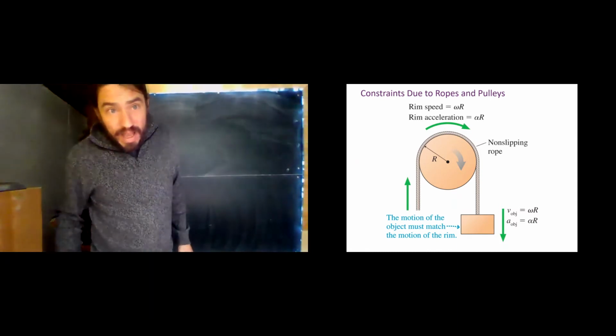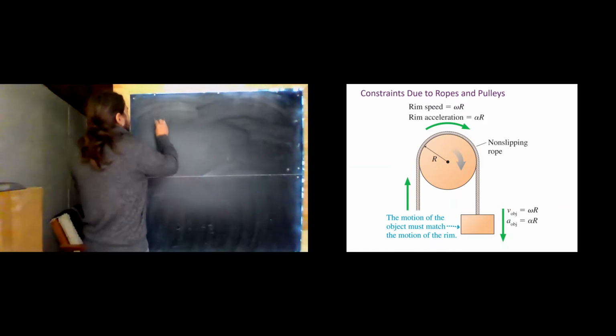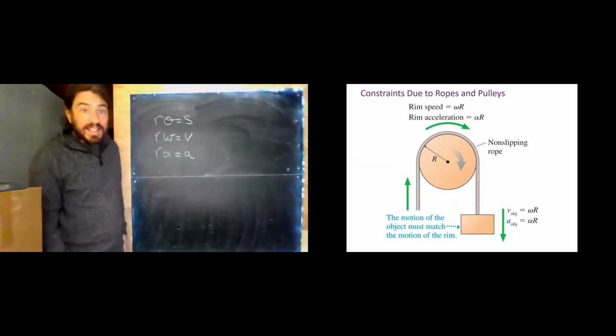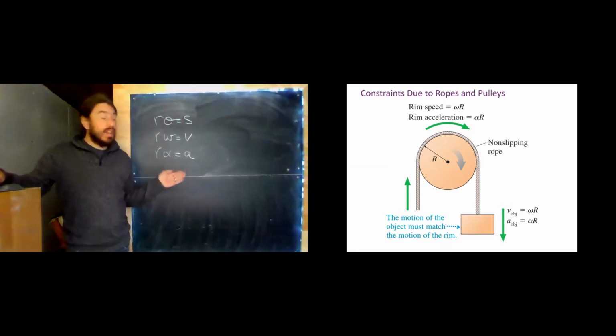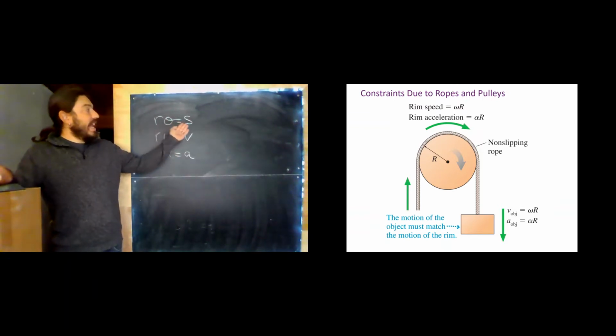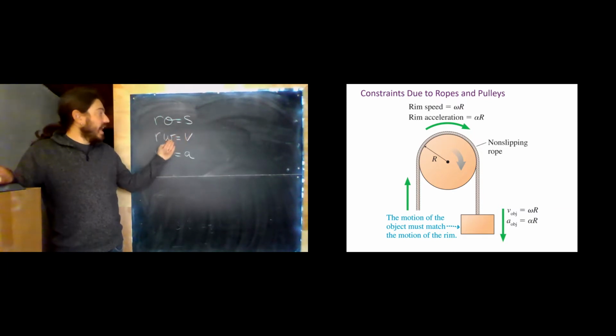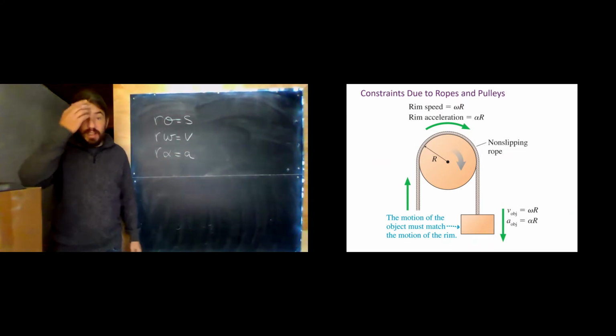And then remember that we have this set of equations that looks like this. These equations relate an angular quantity to a linear quantity: an angular velocity to a linear velocity, an angular acceleration to a linear acceleration.